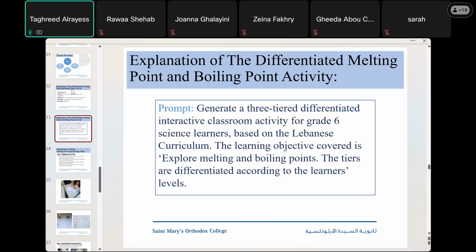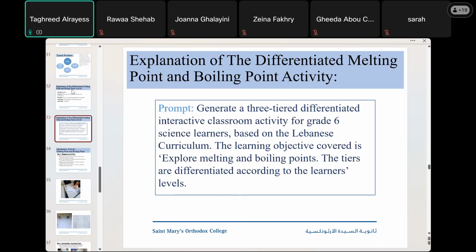The prompt that I used was: generate a 3-tiered differentiated interactive classroom activity for grade 6 science learners based on the Lebanese curriculum. The learning objective covered is explore melting and boiling points, and the tiers are differentiated according to the learners' levels.